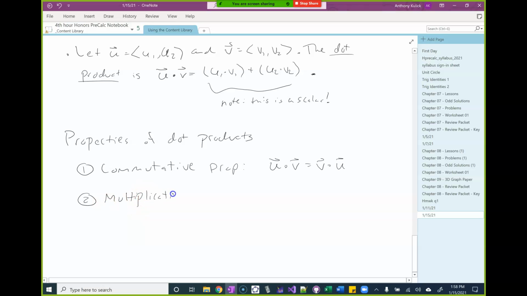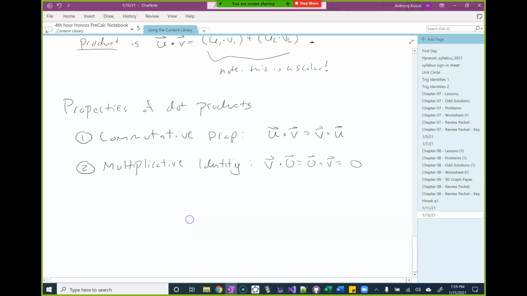The second one is that the zero vector dot product with anything is just the number 0. And then there's the distributive property that works just like we'd expect it to.